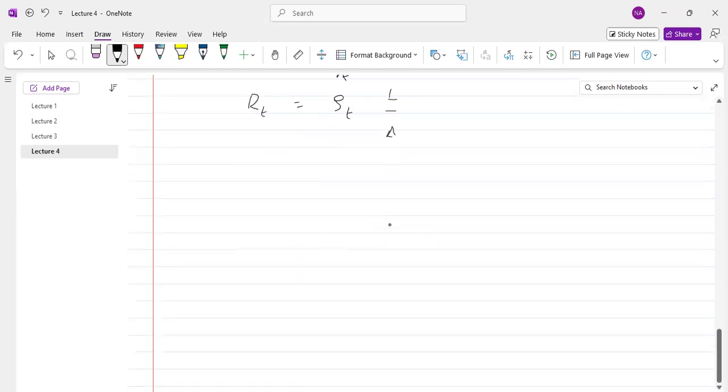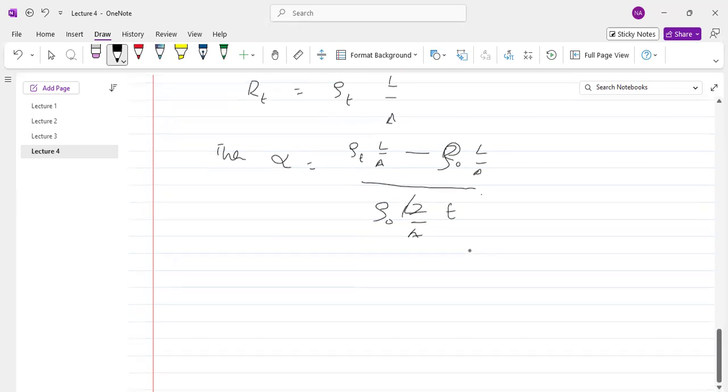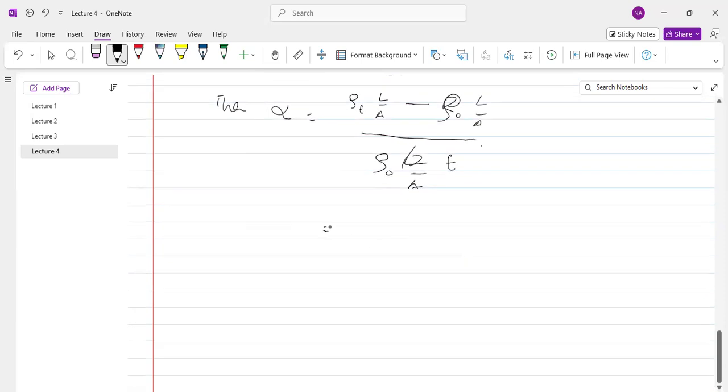Then alpha is equal to RT minus R naught, that is rho T L over A minus rho naught L over A, divided by rho naught L over A into T. L over A is common.